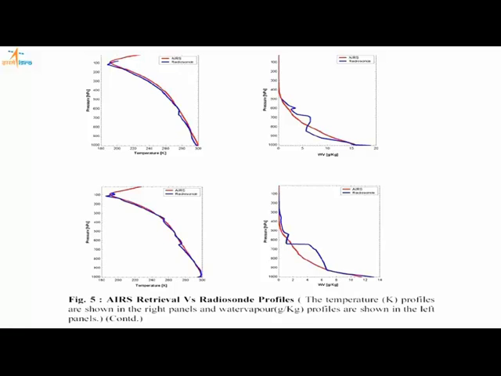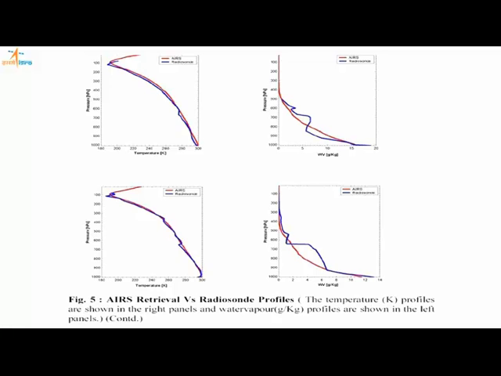You can see here that the humidity variation in radiosonde is very large, with large variations in different layers. AIRS does not give that variation because AIRS is an infrared sounder, and I discussed with you that though there are thousands of channels, those channels are overlapping and the weighting functions are very broad.